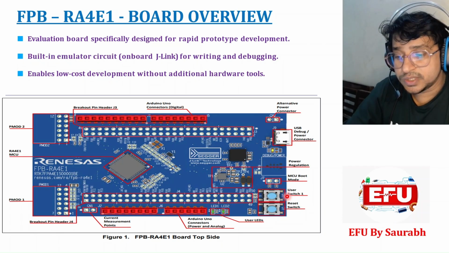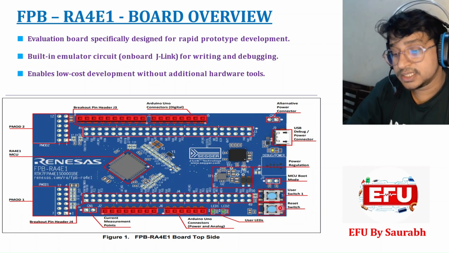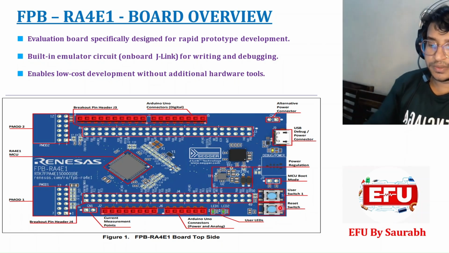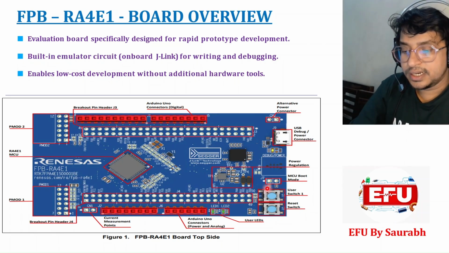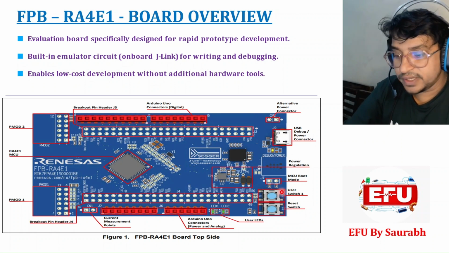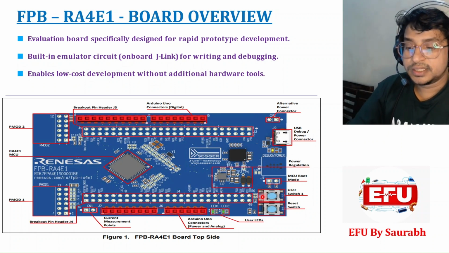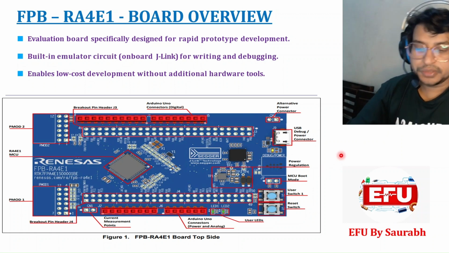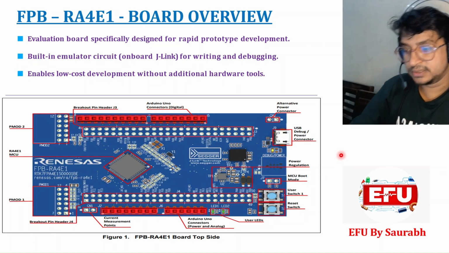Here a user switch is also available, and a reset. As you know, reset is the CPU reset button, and the user switch we need to configure for our application, according to the application.